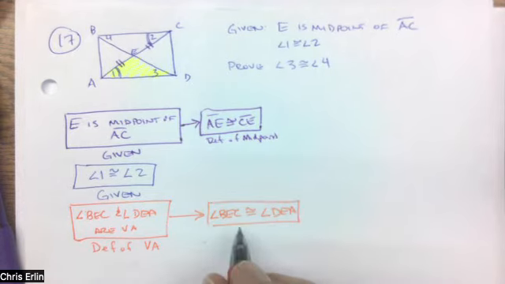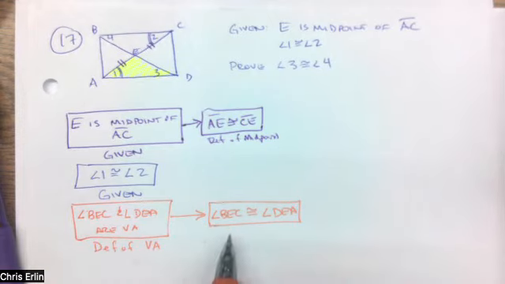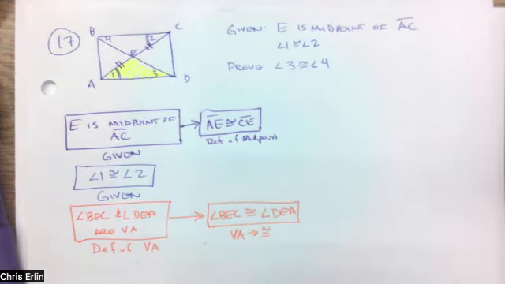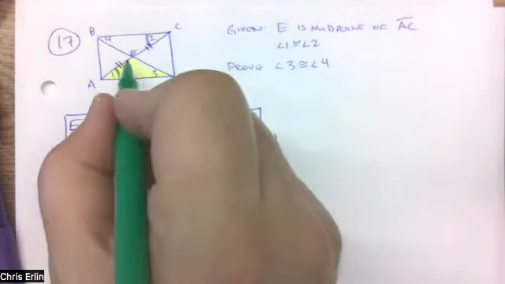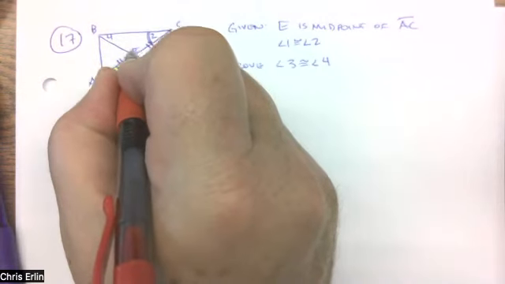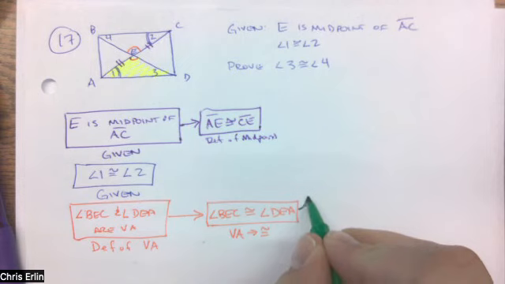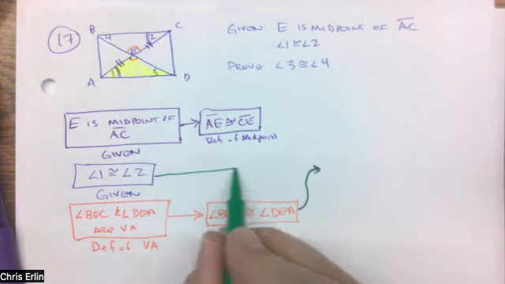What's my reason for that? Yep, if vertical, then congruent. And now with these 3 facts, do I have enough to prove my triangles are congruent? I do.